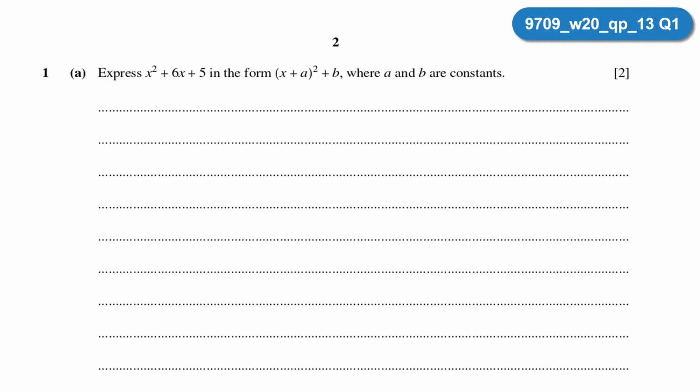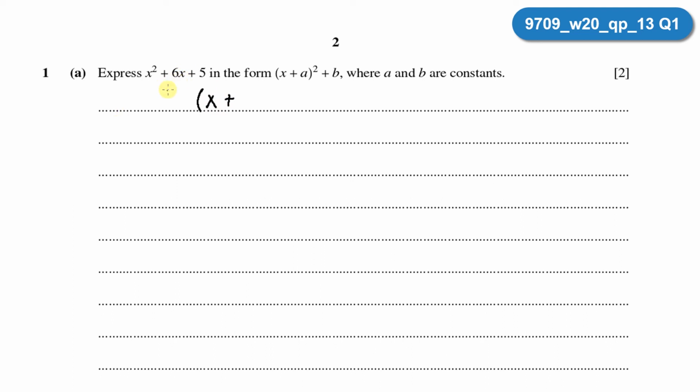On question number 1, part A, express x squared plus 6x plus 5 in the form x plus a squared plus b, where a and b are constants. So here, all they want you to do is to perform completing the square. So what I'll do is I'll open up my bracket, then I put the square root of x squared, which is x, then it's plus half of the coefficient of x.